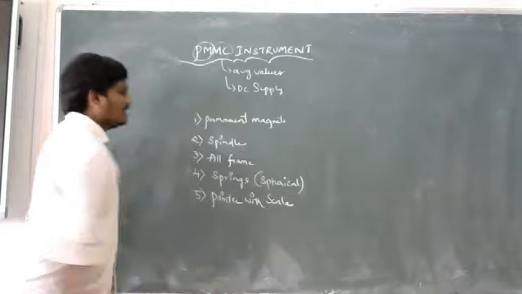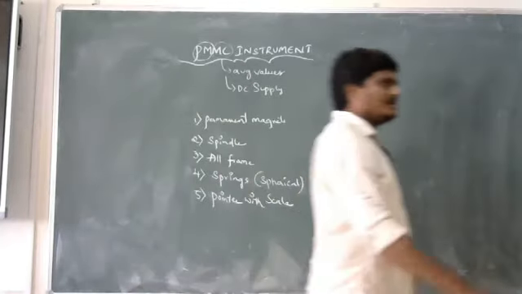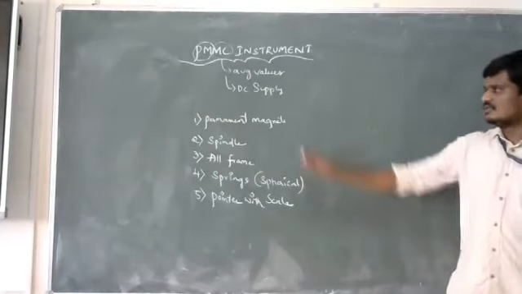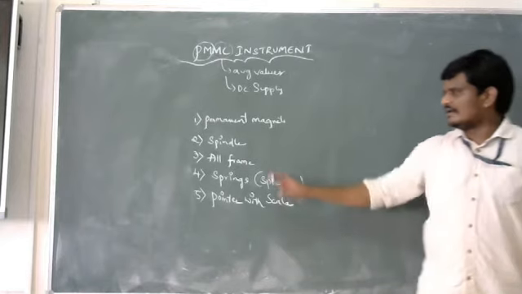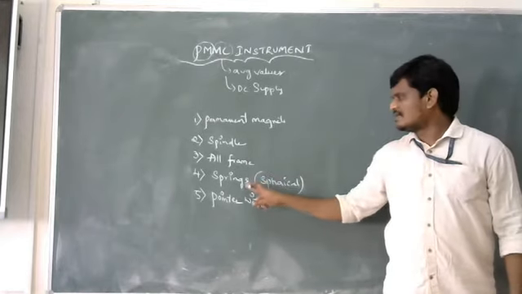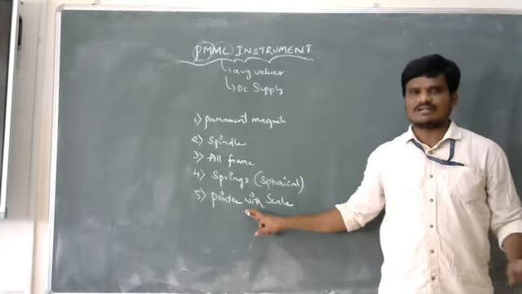So these are the 5 major construction parts: permanent magnets, a spindle, an aluminium frame, springs, and a pointer attached to a scale.